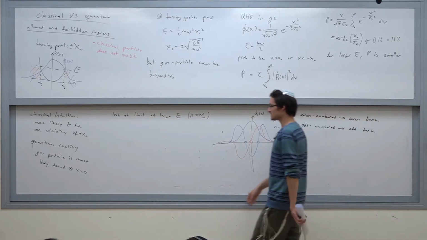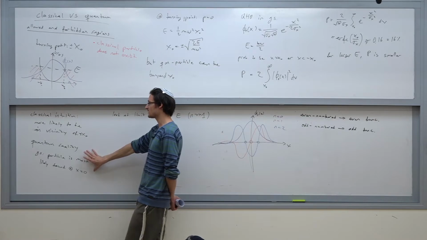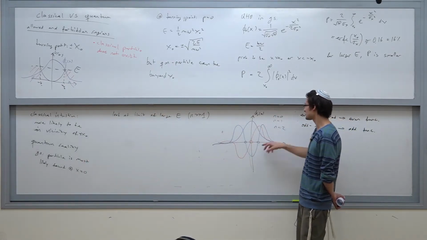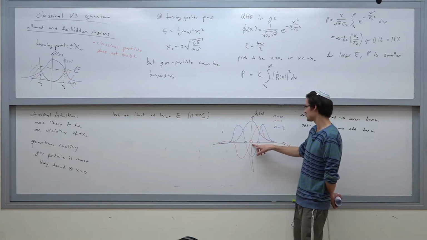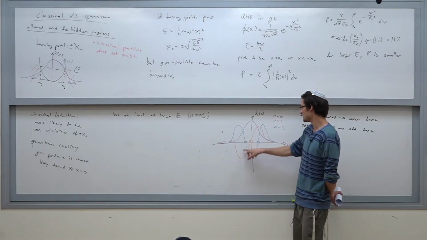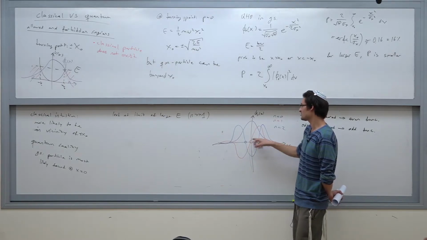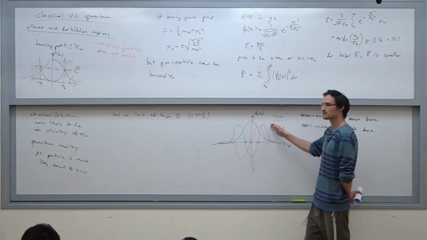Now you also see this peculiar quantum reality for these particles. Well, n equals 1 has 0 probability of being exactly at x equals 0, but still the probability of being towards the middle, so either here or here, is much larger than being at the edge, at the turning points.